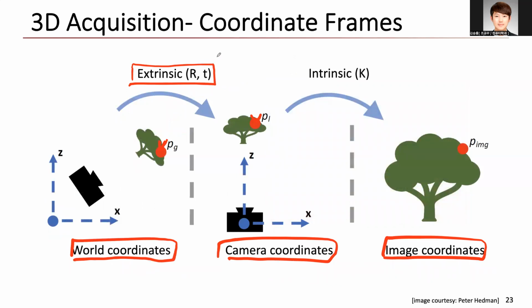So this is the extrinsic parameter, and for this camera coordinate x, y, z, we have to find the image coordinate position x, y. This is related by the camera internal parameter. So this is modeled by the intrinsic parameter matrix K.